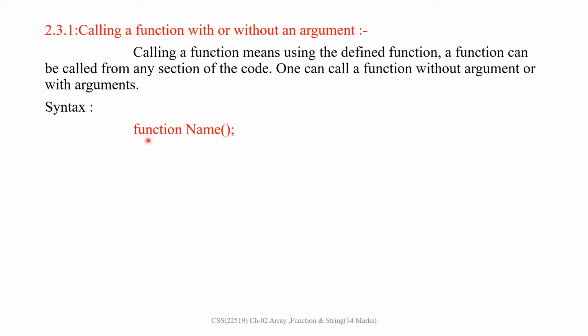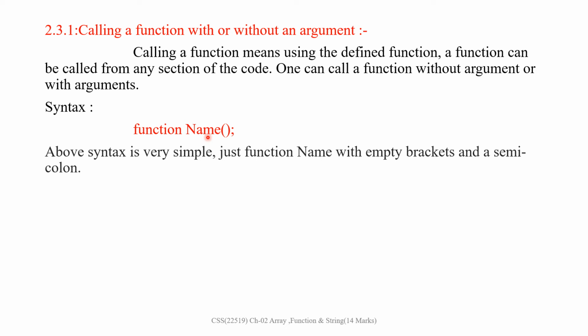Now the syntax for the function is function and name. This syntax is very simple. We just have to write the function keyword and the name, with the empty brackets and the semicolon. Now, calling a function without arguments.